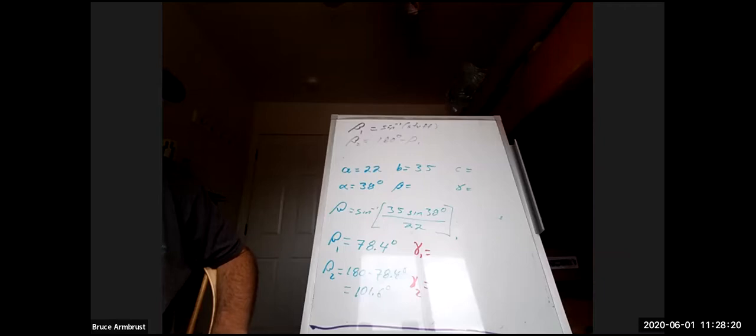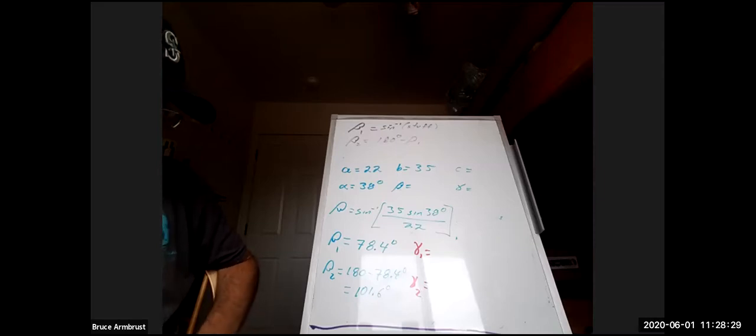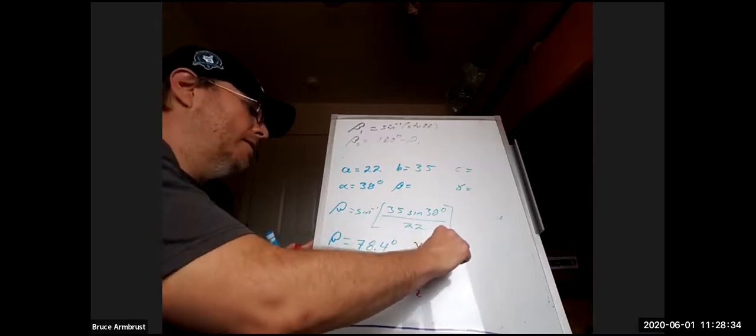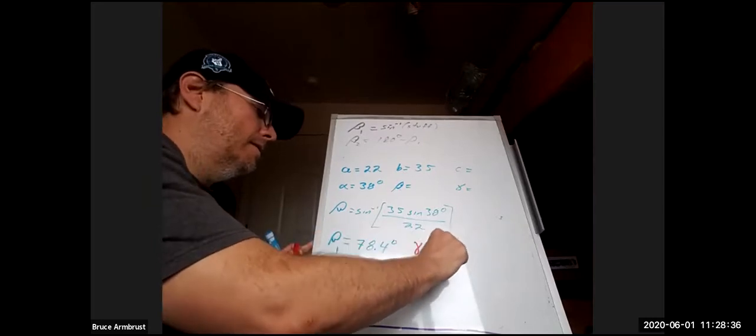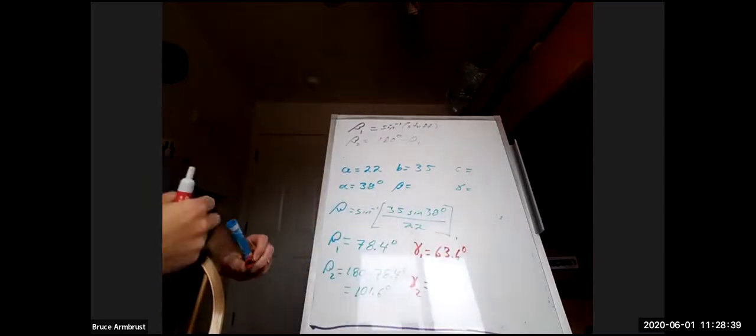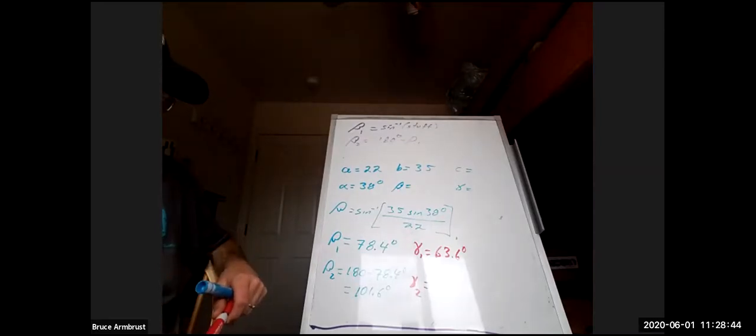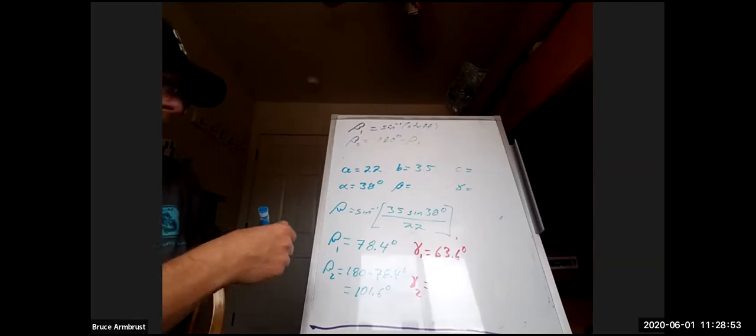So for the first one, when we take 180 and we subtract off the 38, and then we subtract off the 78.4, that ends up giving us 63.6. And then similarly, for the gamma 2, if we take the 180 minus 101.6 and minus the 38, that's going to give us 40.4.